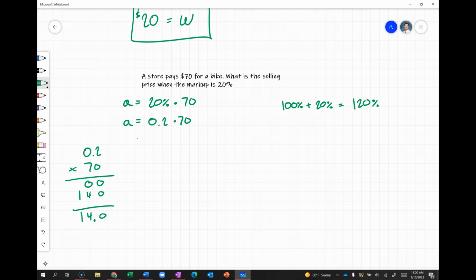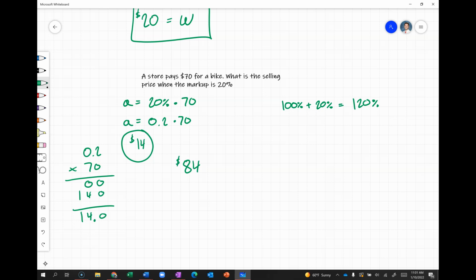So the markup is $14. If we want to know the markup, how much are they increasing the price by, then this would be the method. They increase the price by $14. So our new price that we would pay as customers is $84.